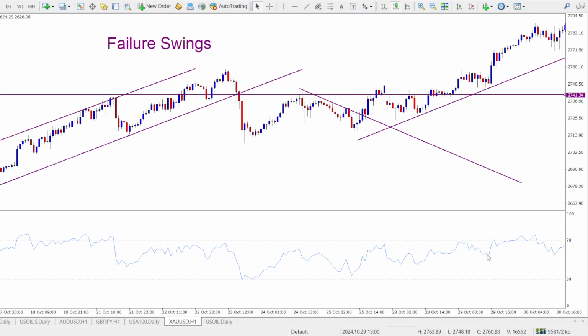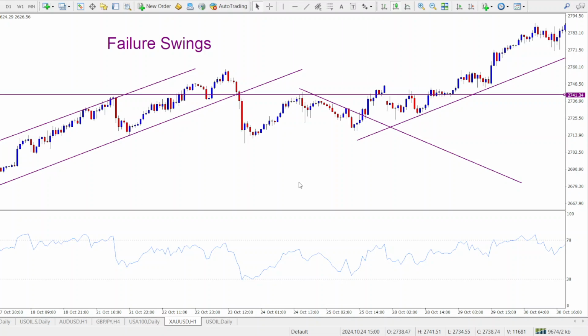Now, as powerful as failure swings can be, they are not foolproof. So here are some common mistakes that traders make when trying to trade failure swings. One mistake is jumping in too soon. Just because you see a failure swing doesn't mean the market will reverse right away. Sometimes the price might make multiple attempts to break a level before it finally does.